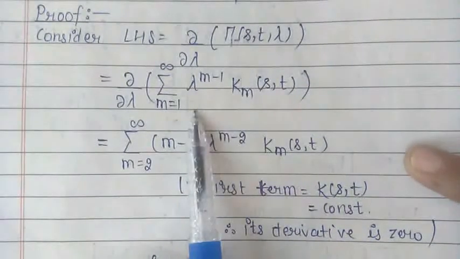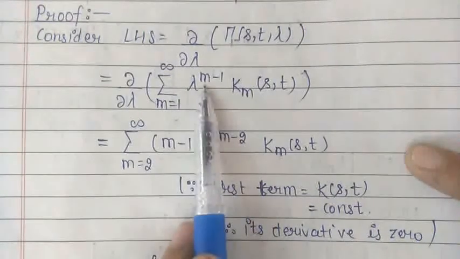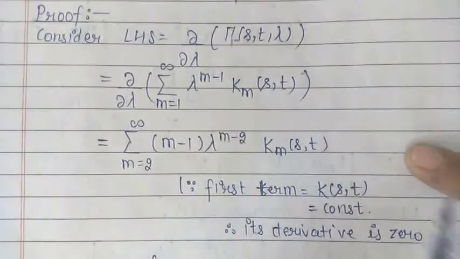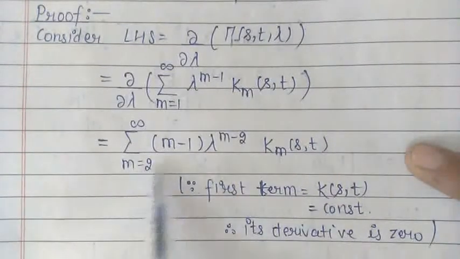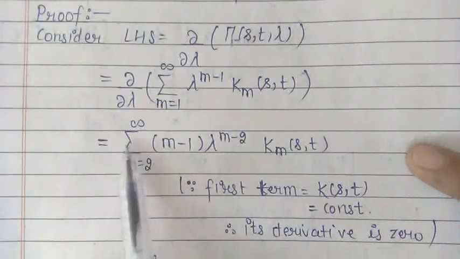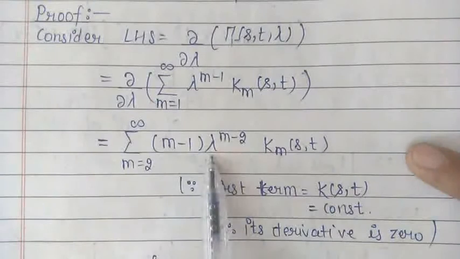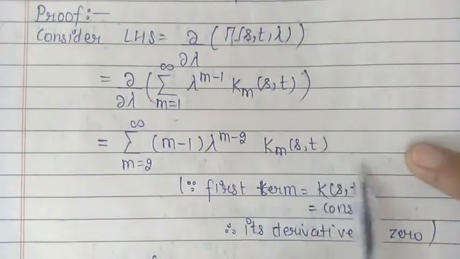Now differentiating with respect to λ, the term corresponding to m equal to 1 is constant, so its derivative will be 0, and for the remaining terms, doing the derivative, we get the summation, m varies from 2 to infinity, (m minus 1) into λ raised to the power m minus 2 into K_m(s,t). Now let us solve the right hand side.